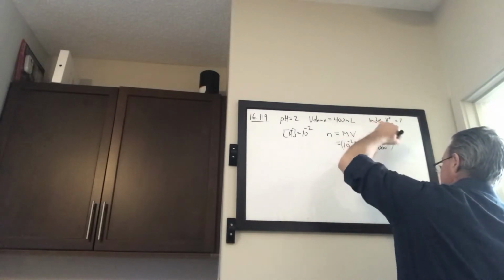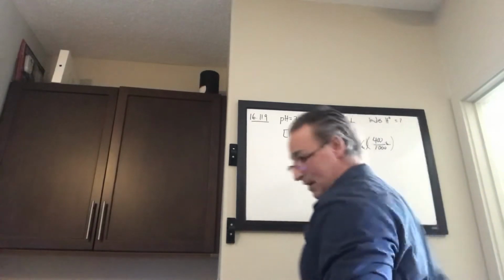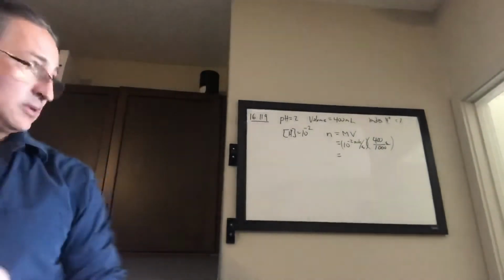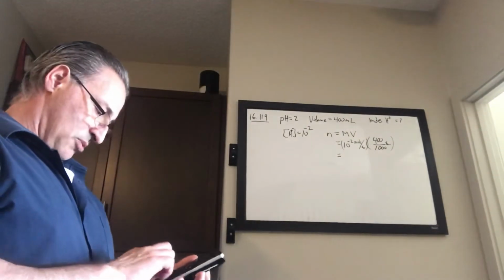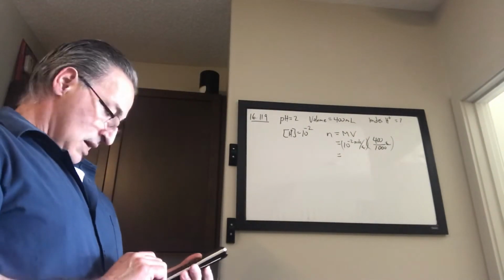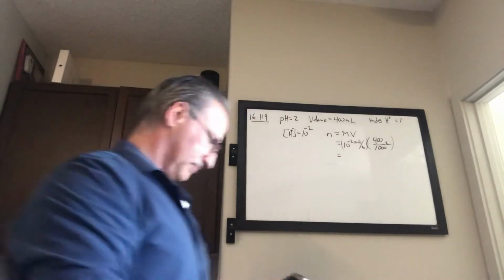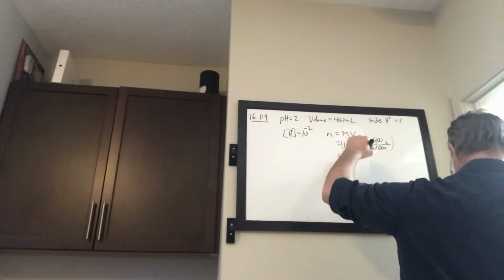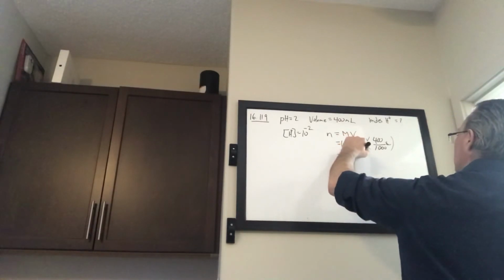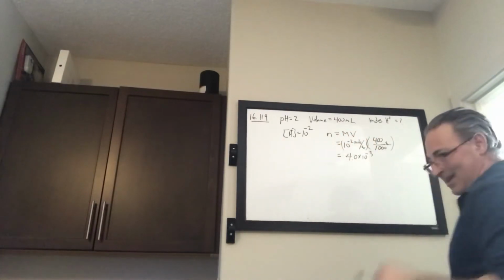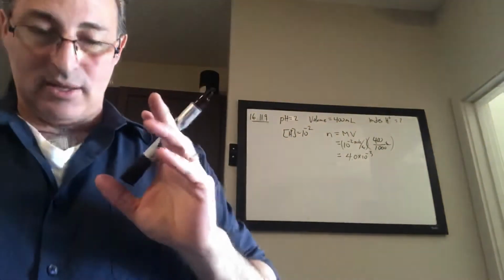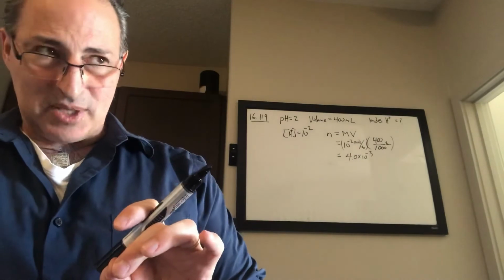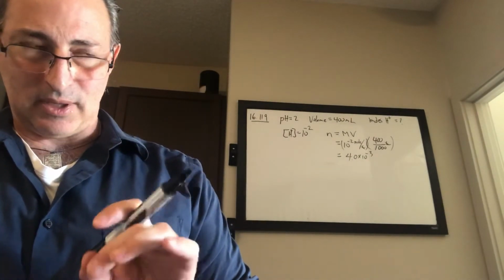So the liters cancel, and you have 1 exponent negative 2 times 0.4. You'll notice I said 1 exponent negative 2. I said that because on the calculator, when I press the exponent button, it already enters the times 10 part. So I didn't make a mistake.